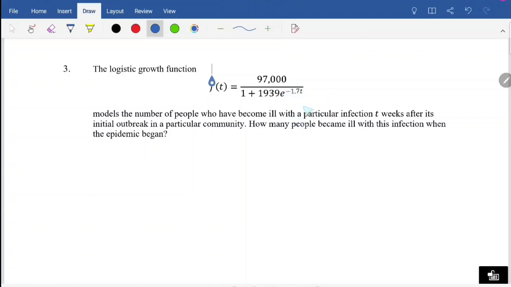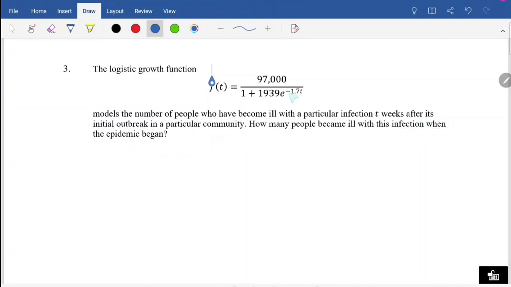If somebody asks how many people would be infected after 2 weeks, then we need to plug 2 into the t in the formula, and whatever this calculates to will be our answer. But what they are asking us here is how many people became ill with this infection when the epidemic began.